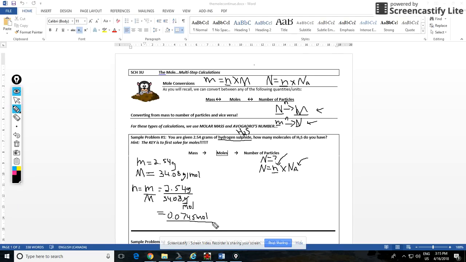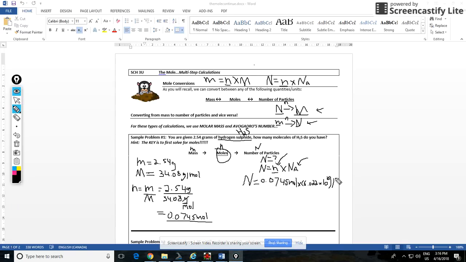Now that we have the number of moles, so little n, we can convert to big N, the number of particles, because we have everything we need to use our formulas now. So we have big N is going to be equal to 0.0745 moles multiplied by 6.022 times 10 to the power of 23 particles per mole.